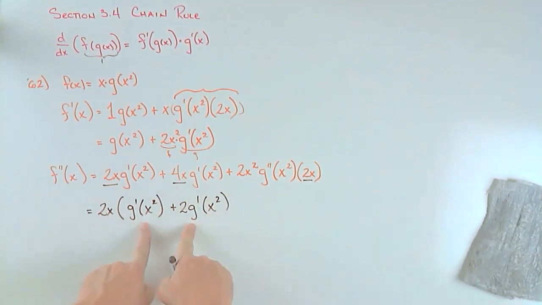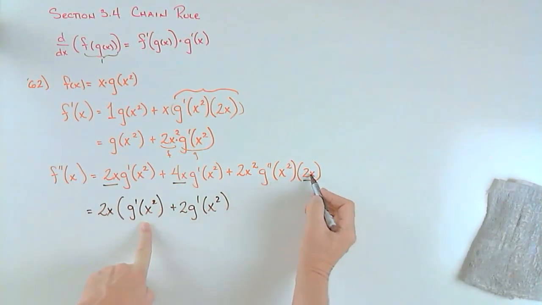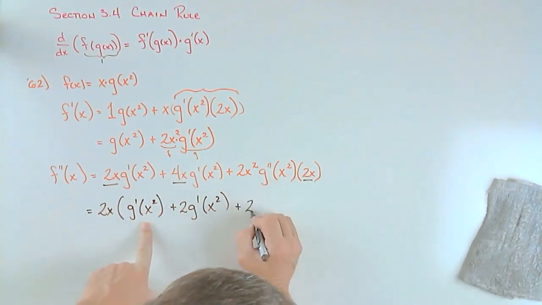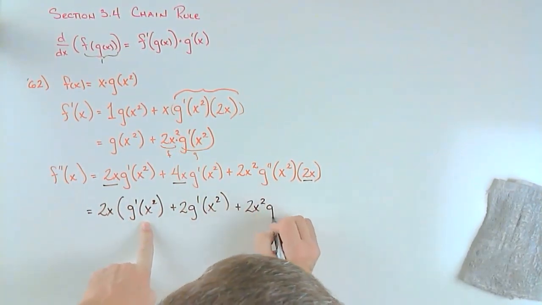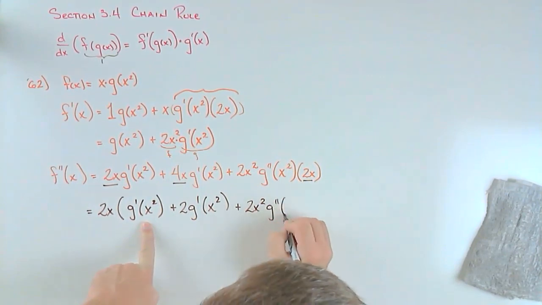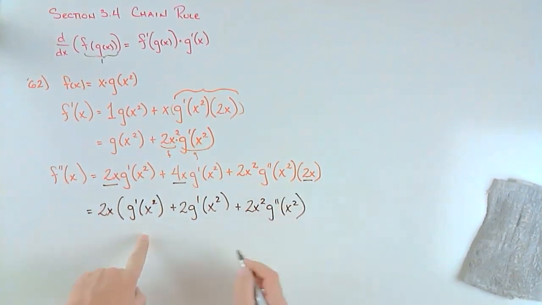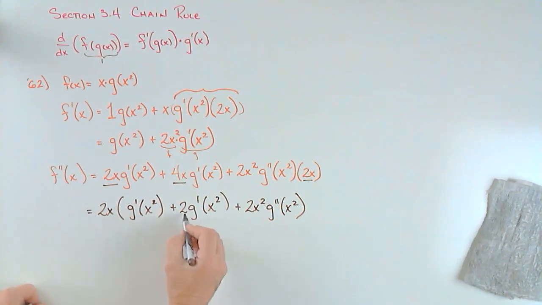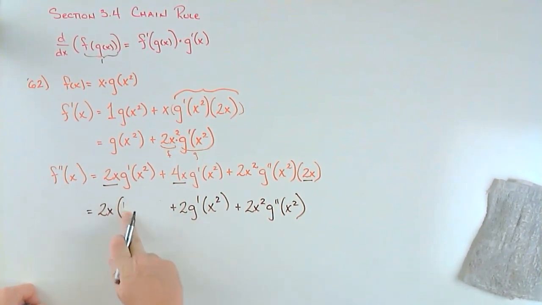Now those can be put together. And over here we took out a 2x, and we have plus 2x squared g double prime of x squared. So these two things can be combined, right? There's one of them right there, plus two of them. So our final answer is going to be 3 of those.